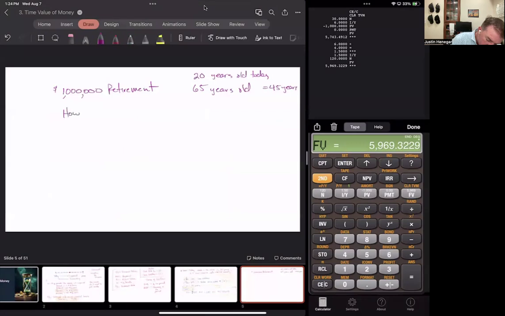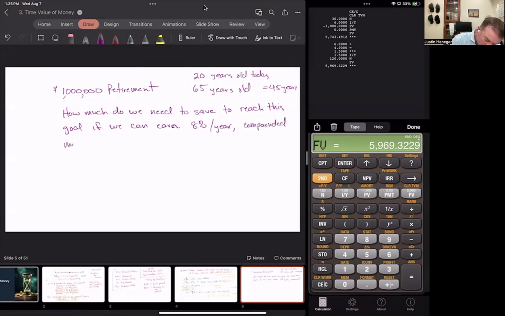So we want to know how much we need to save to reach this goal if we can earn 8% per year compounded monthly.